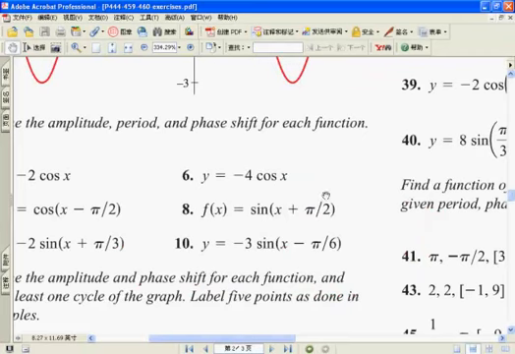Some guys ask me how I get the amplitude of this function in problem 8. So right now, the coefficient of this sine function is equal to 1. So its absolute value is equal to 1. So the amplitude for this function is 1.